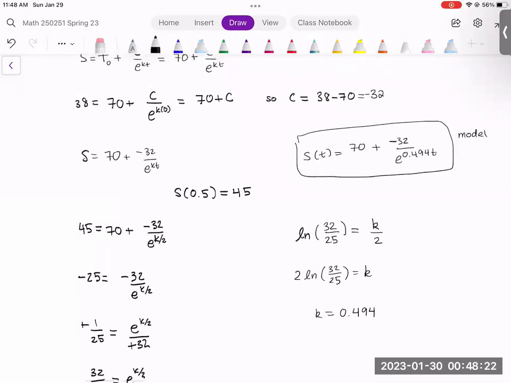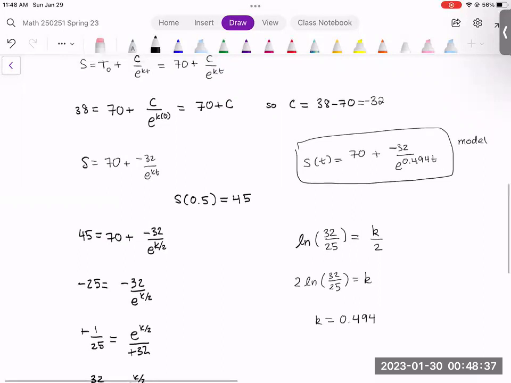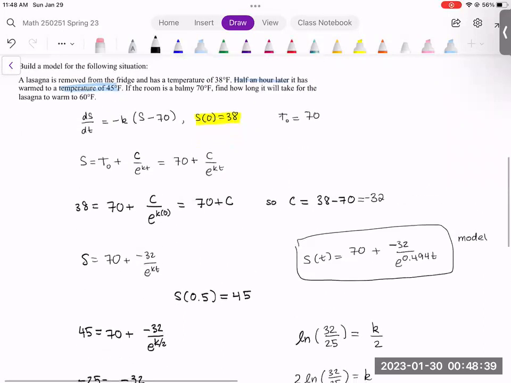And if we take a look at this, we see that over time, it's approaching that final temperature of 70 degrees Fahrenheit. Our values are going to be increasing up to 70. And our question was, how long does it take us to warm to 60 degrees Fahrenheit?